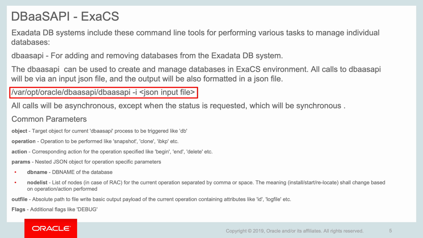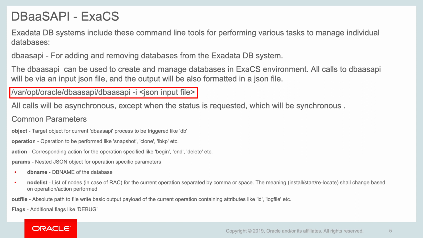There are several common parameters which you need to know in order to use Debus API. Object means the target object for the current Debus API process to be triggered, like a database could be an object. Operation is what you want to do on the database, whether it's a snapshot, clone or backup.